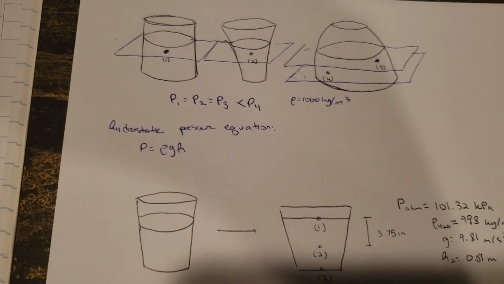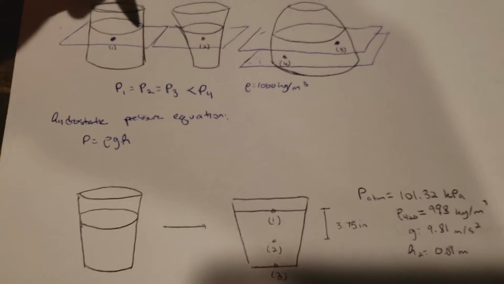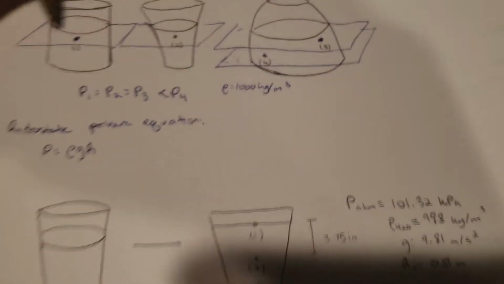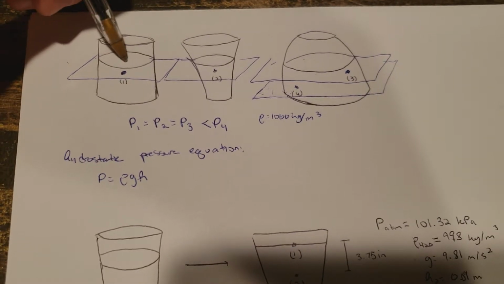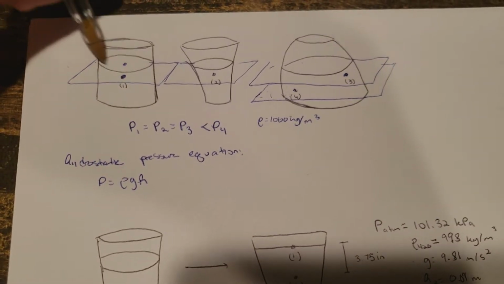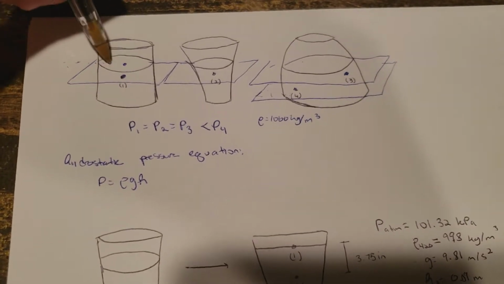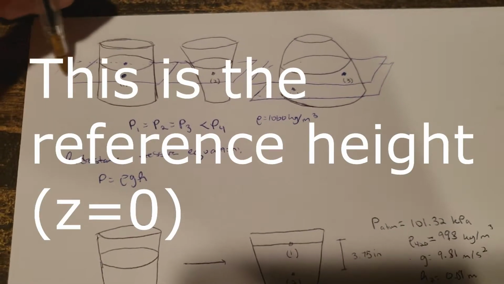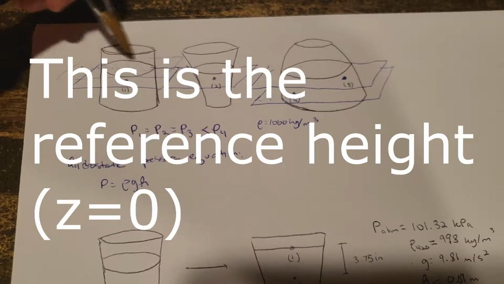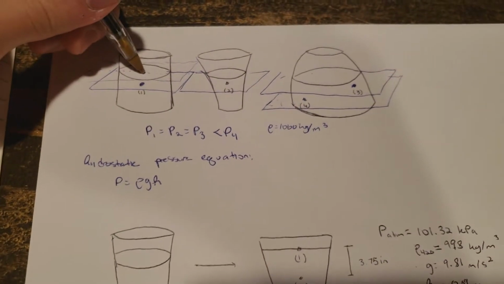Another thing I forgot to explain is that whenever you're dealing with liquids in a tank, hydrostatic liquids, you set a datum plane or datum line. That just basically means you're setting your reference, and this is going to start off at 0.